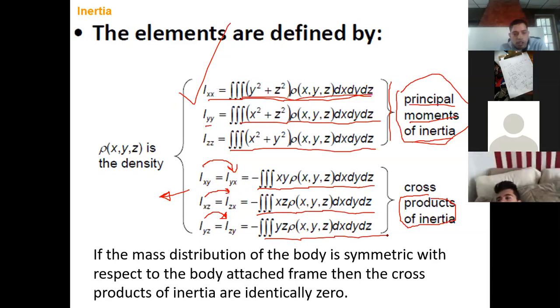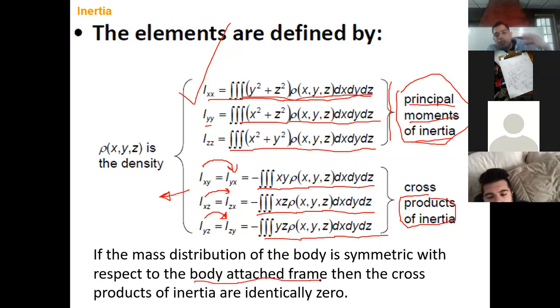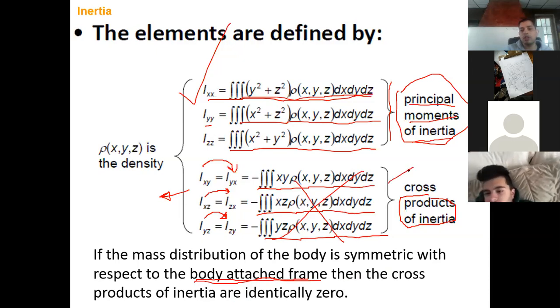So what happens if the object is symmetric with respect to the body attached frame? Let's say you are trying to find the moment of inertia of a certain robot. If that robot is symmetric with respect to the body attached frame, remember, we have 2 frames, the body attached frame and the base frame, then all those off-diagonal terms will be 0.